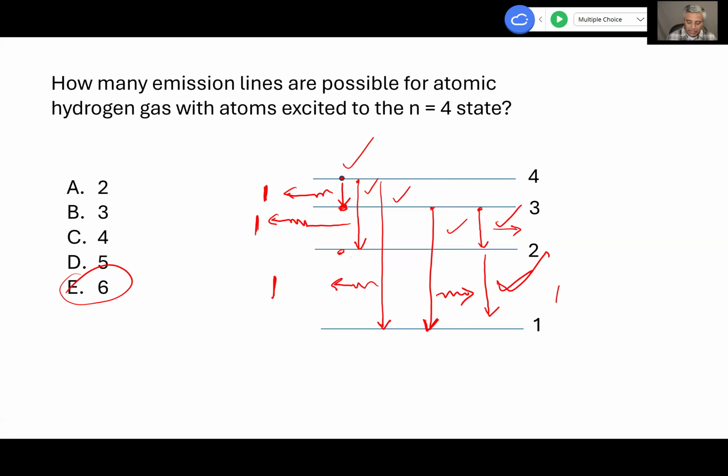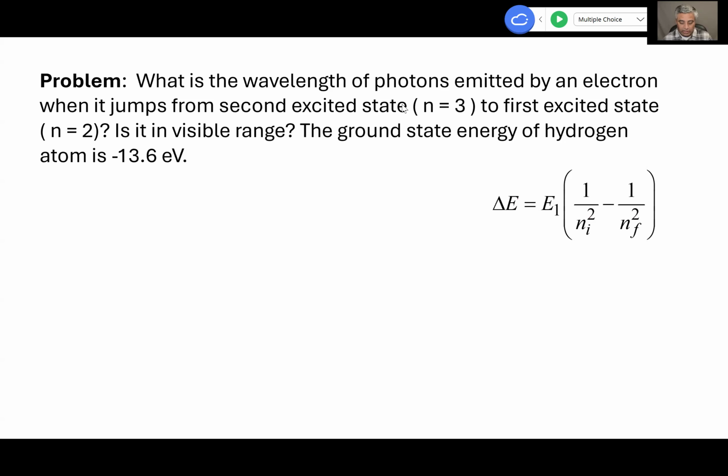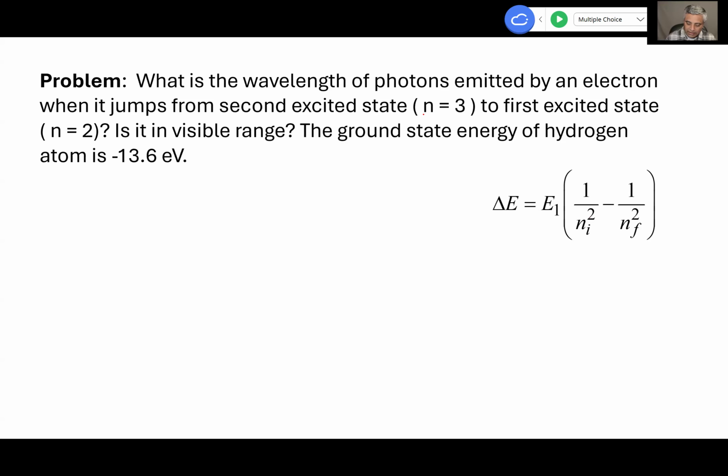Now let's actually plug in some numbers in the formula here. What is the wavelength when it jumps from the second excited state to the first excited state?